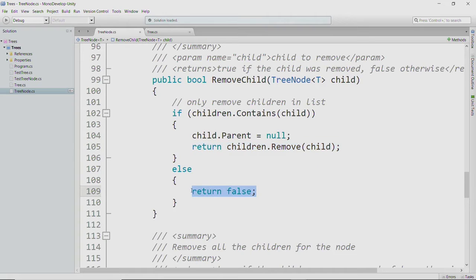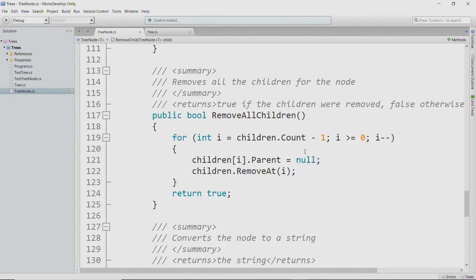And of course, this is constant time, so we have order n and order n, but including an order n operation inside an if statement that has an order n Boolean expression does not mean we need to multiply them together like we do when we have an order n operation inside a loop that executes n times. So this is still additive, so remove child is still order n.